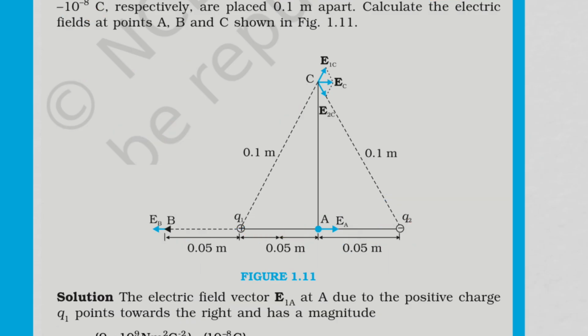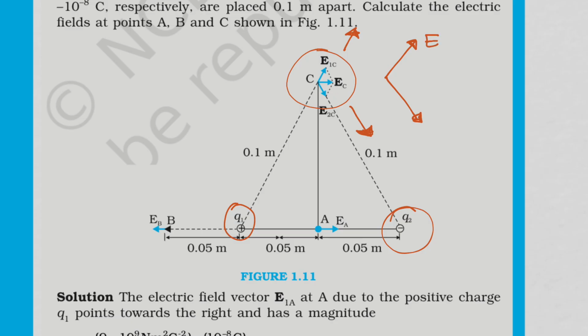For point C, because of the Q1 positive charge, the electric field is outward, and because of the Q2 negative charge, the electric field is inward towards Q2. Due to Q1 it is this direction, due to Q2 it is this direction.